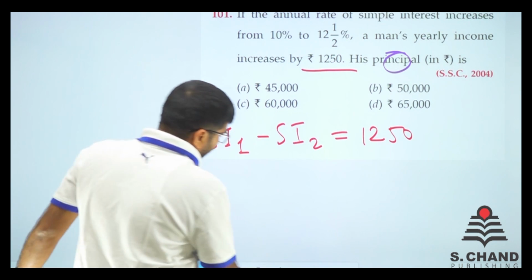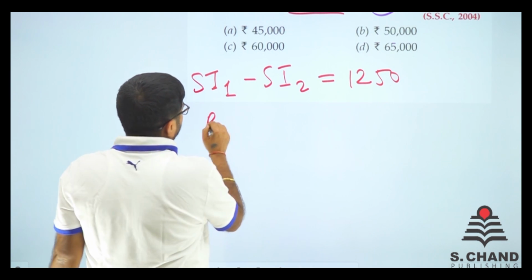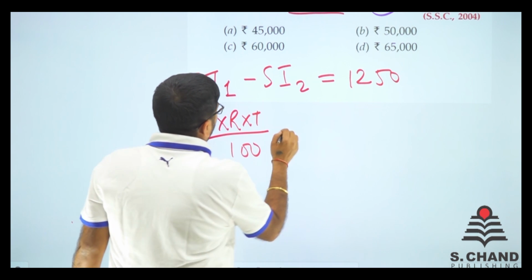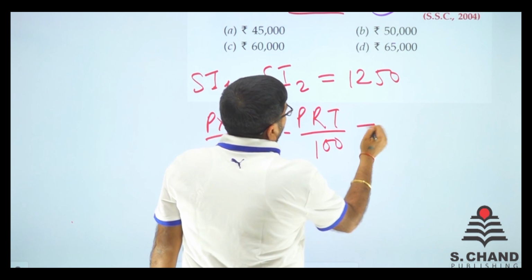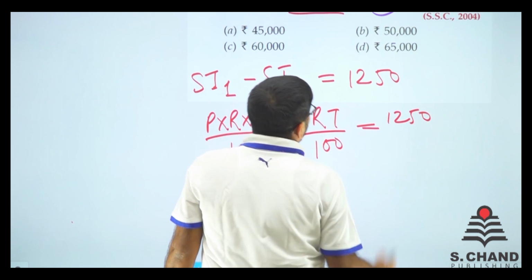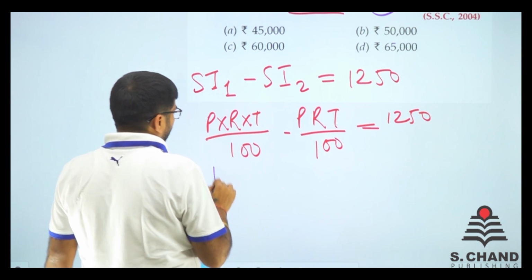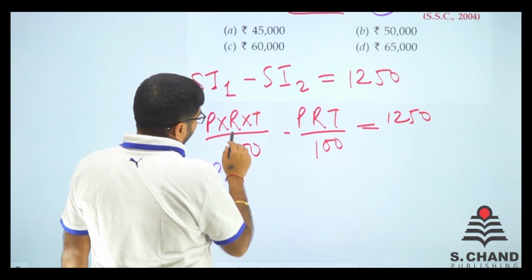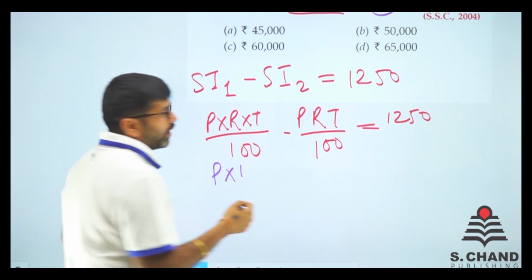So let's try to calculate this first. We have principal into rate of interest into time upon 100 minus PRT by 100 is equal to 1250. Now this rate is 12.5 and this is 10%. Principal we need to calculate.